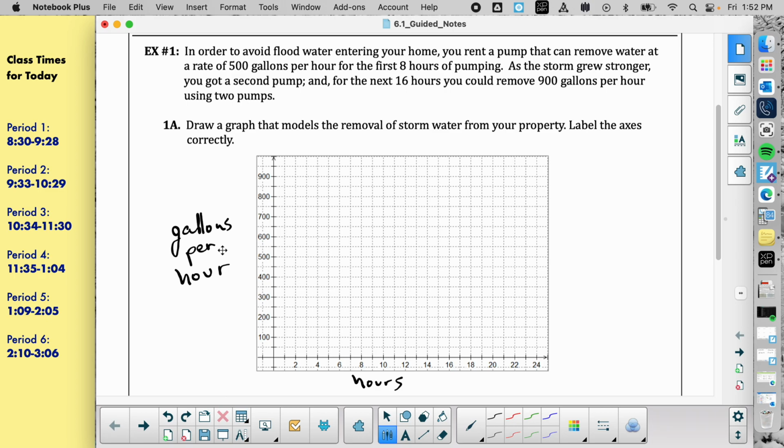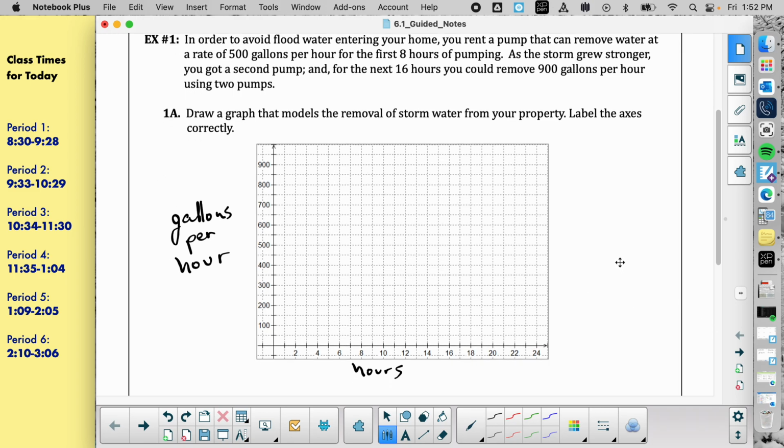We started teaching this ahead of time. I suspect some of you can already figure out what we're going to do with this. We did it during position, velocity, and acceleration. We're going to be finding area under the graph. So if I have gallons per hour and hours, we basically multiply to get area. So that would tell us total number of gallons pumped.